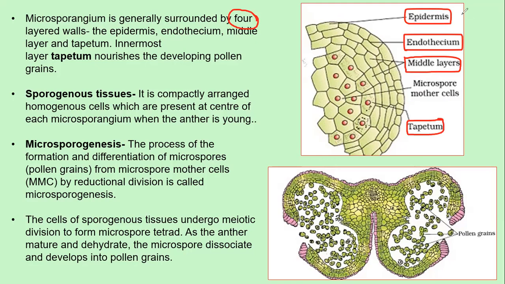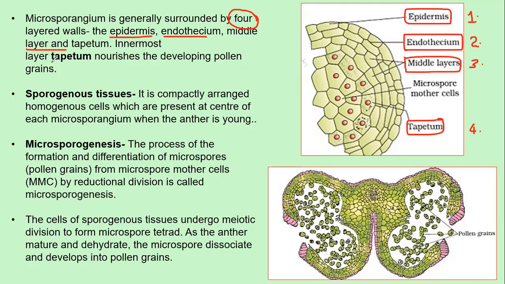Clear? So from outer to inside, if they ask, the first one is the epidermis, the second is the endothecium, the third is the middle layer, and the fourth is the tapetum. That's very important. The first 3 layers, the epidermis, endothecium, and middle layer, help in the dehiscence of the anther and release of pollen grains, which is mentioned in the NCERT, so I'm not specifying it again.